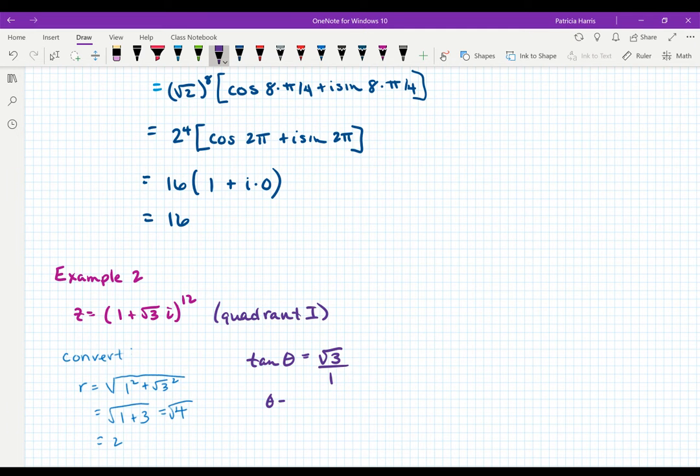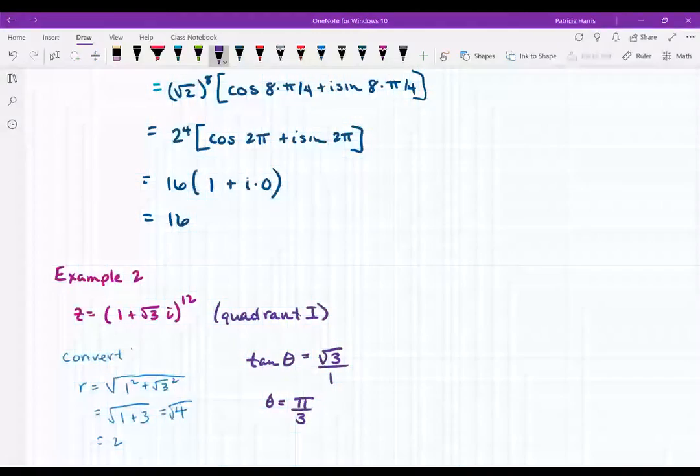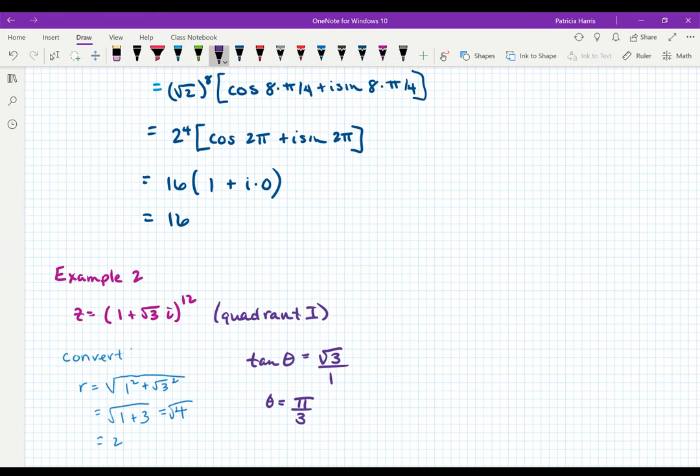Okay, so theta would be 60 degrees, or I would do pi over 3. Okay, this does work in degrees or radians. I just find the radian measure a little bit easier to work with. Okay, so we have our r, we have our theta. Now we're ready to put it into our formula.